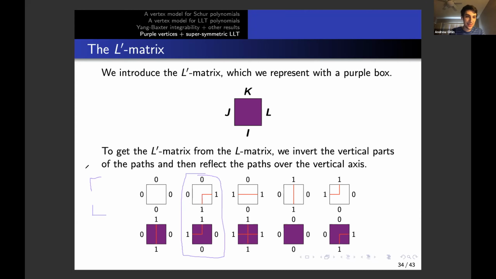What I'm saying is there's no path up here, so there should be a path up here. There's a path down here, so there shouldn't be a path down here. But I don't touch the horizontal parts as of yet. And then I take this path and reflect it over the y-axis. So I get this. Okay, and that's how to get from the white vertices to the purple vertices.